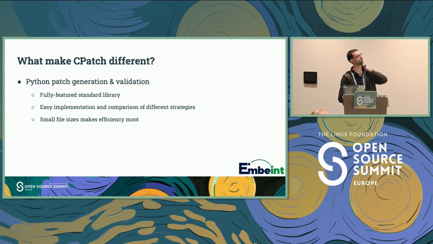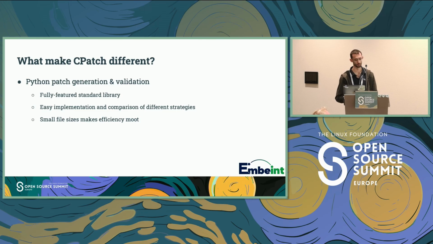Again, different from the other patching stuff that we've seen, the patch generation is all done in Python. Makes it really easy to do stuff like dictionaries and hash tables. It's got a fully featured standard library rather than C. Makes it really easy to implement the patch generation and just whip up a new strategy for generating the diff and test it out within half an hour rather than fighting with a compiler.